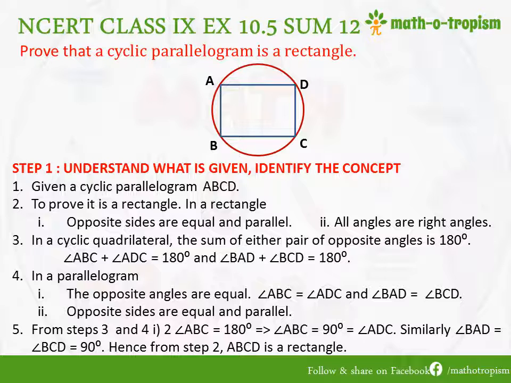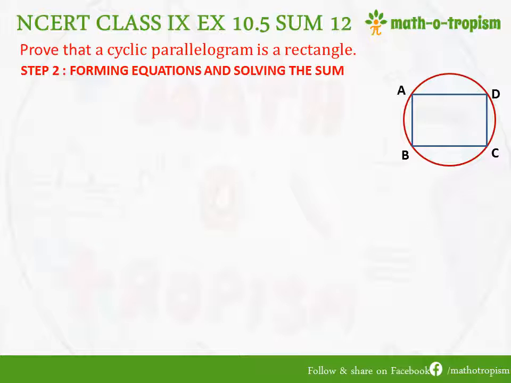Similarly, using the other equation, that angle BAD plus angle BCD equals 180 degrees, and also angle BAD is equal to BCD, we can also prove that the other two angles are also equal to 90 degrees. So from this we get that all angles are 90 degrees, and from the previous step we already know that opposite sides are equal and parallel. Hence the cyclic parallelogram is a rectangle.